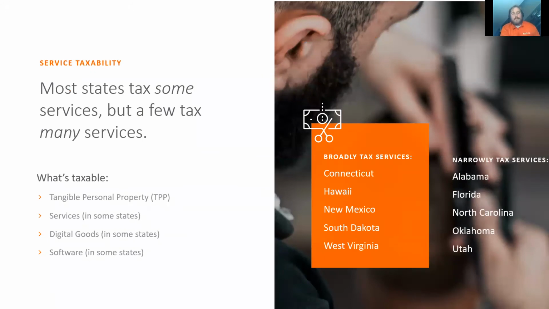So when we look at it from kind of the top view, understanding first what states you have an obligation in. Next, do I need to start charging sales tax for this particular item based on, is the consumer or the person that you're selling to exempt, or are they going to be doing it for resale?